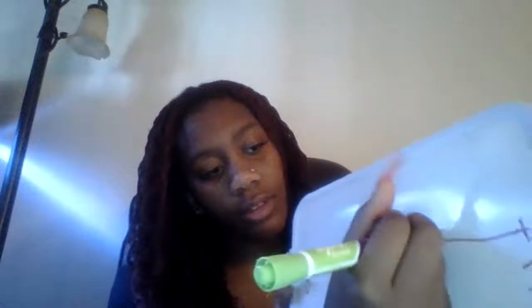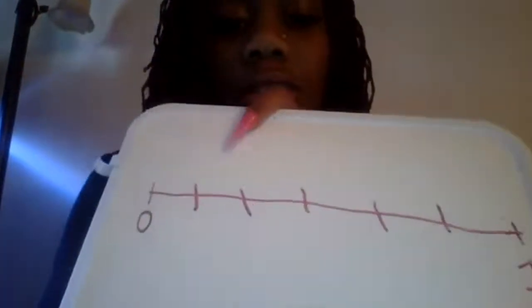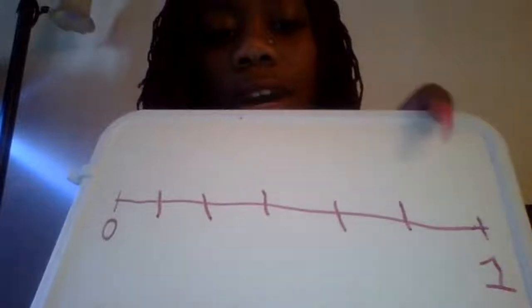So we're going to do 6 tick marks. So remember, you start after the 0. So 1, 2, 3, 4, 5, and then the 6th one is already there on the 1. So now I have 1, 2, 3, 4, 5, 6.